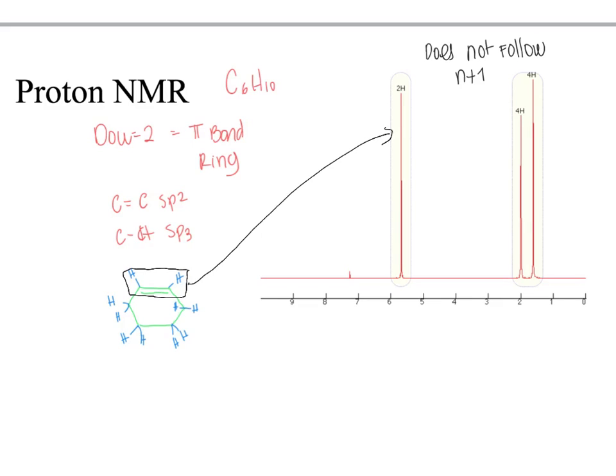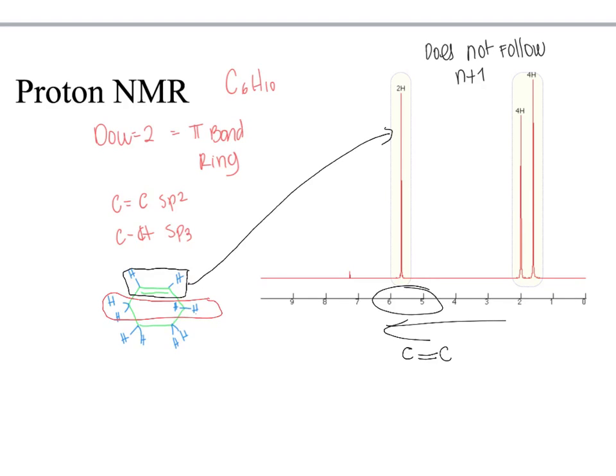Another characteristic of this specific peak is that it is located between 6 and 5. It was deshielded by the symmetry and the presence of the double bond between carbon and carbon. The next two are going to be matched with this one.